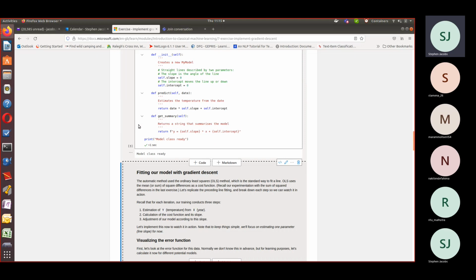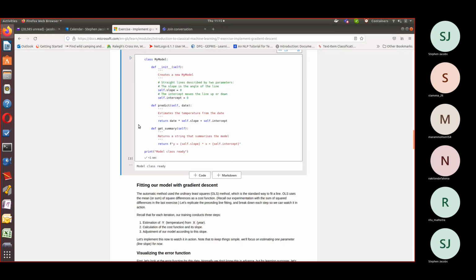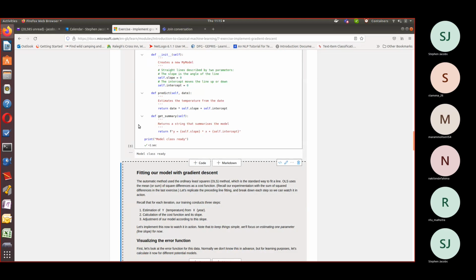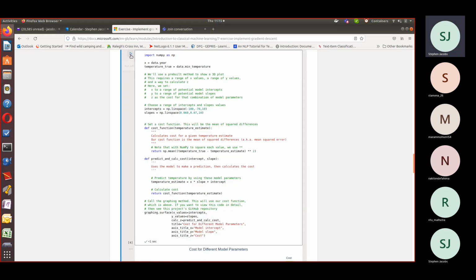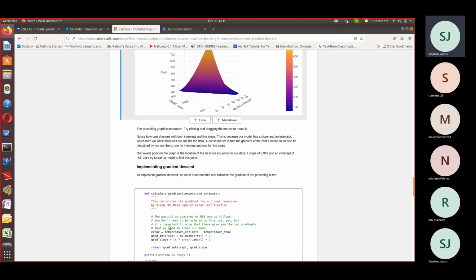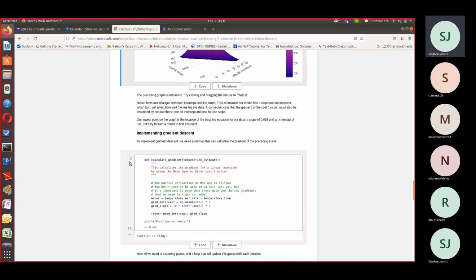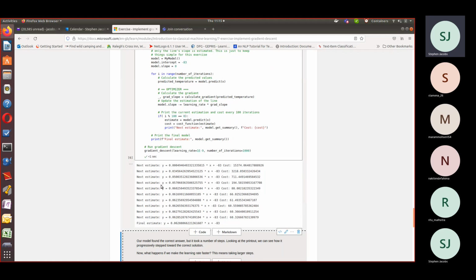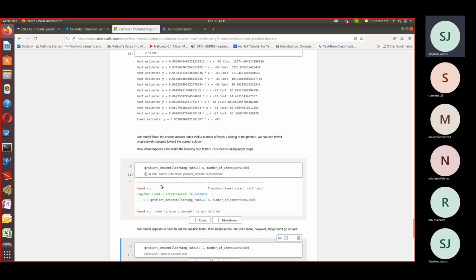That's done. Then I need to run that. Okay. That gives me my curve again. And then I need to implement gradient descent to find my values. That loads it first. There they go. So now I'm going to do this.